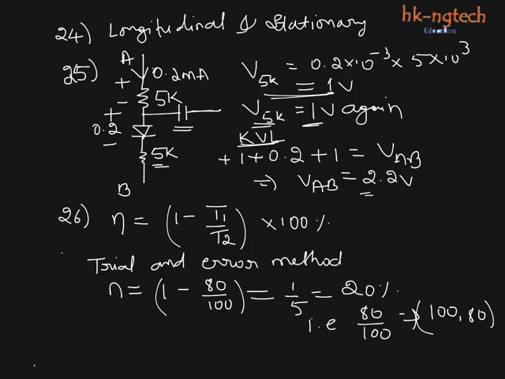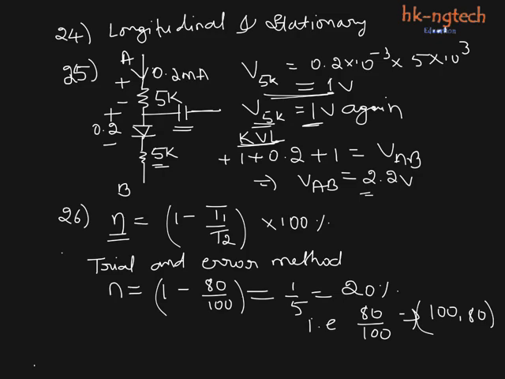26th question: for which combination of the working temperatures is the efficiency of a Carnot engine least? We know that the efficiency can be calculated by using 1 minus T1 divided by T2 into 100%. For this question, the trial and error method is the best method. Suppose you substitute the first option, 80 Kelvin and 60 Kelvin, so eta will become 1 minus 60 divided by 80.